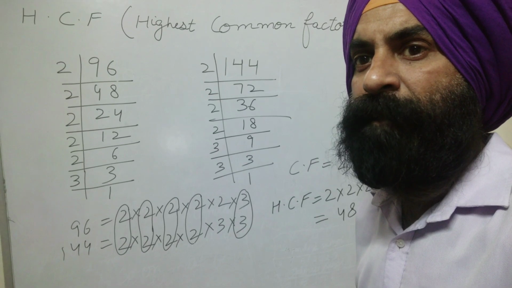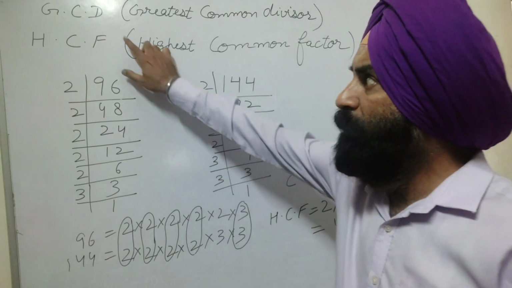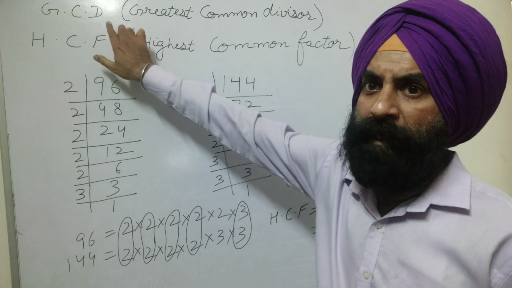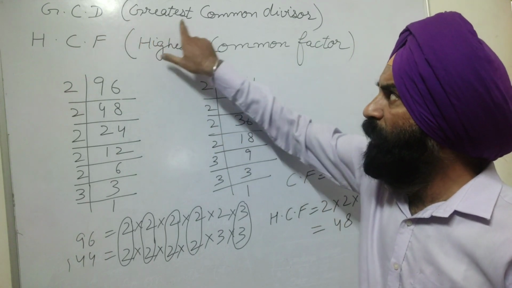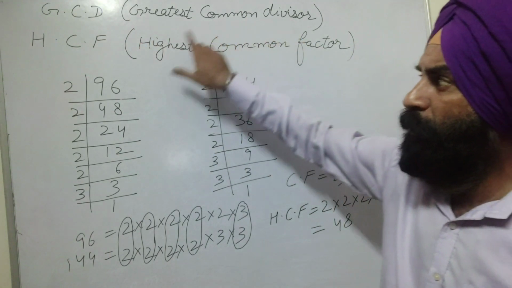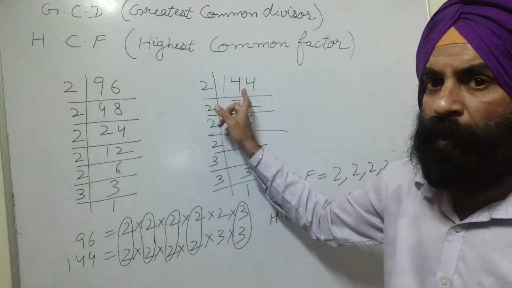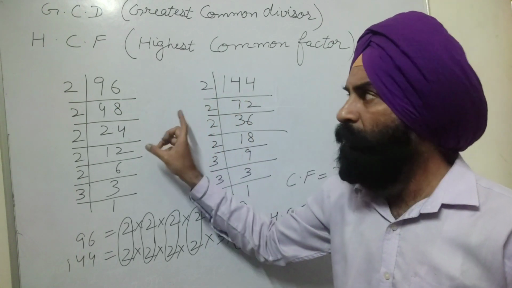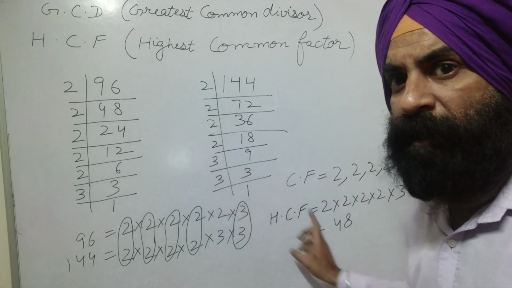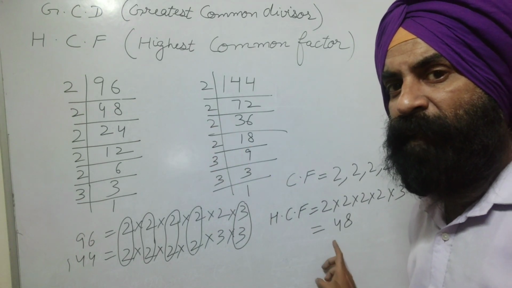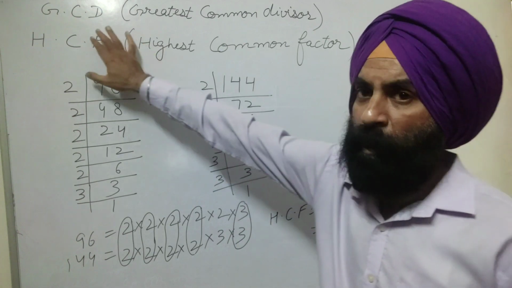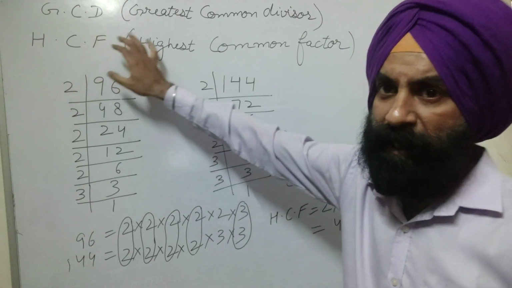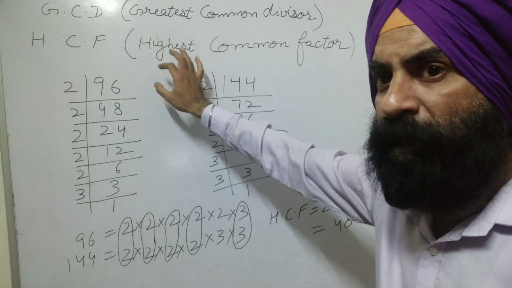It means for numbers 96 and 144, the greatest number which divides both the numbers is also called the HCF, and sometimes it is also called GCD, the greatest common divisor.